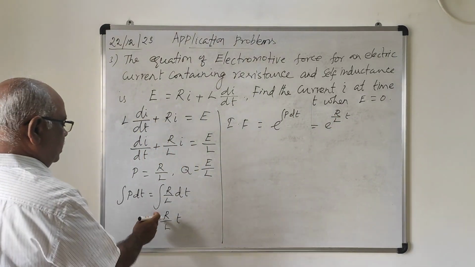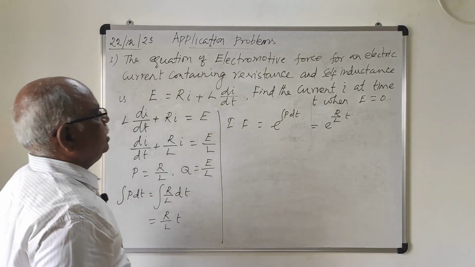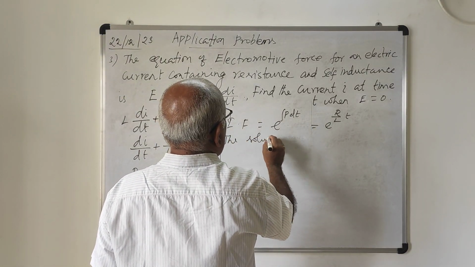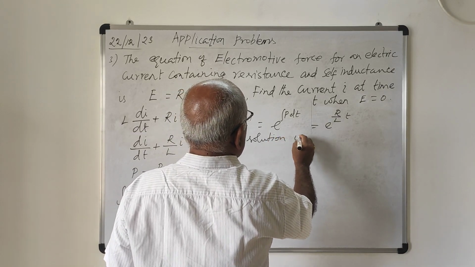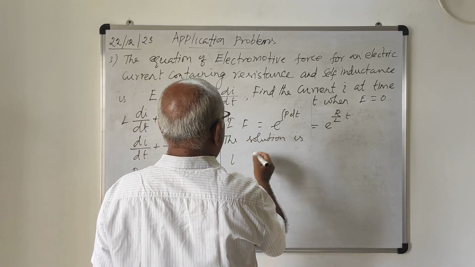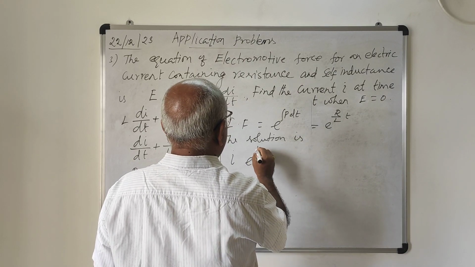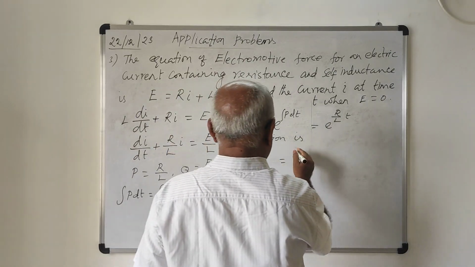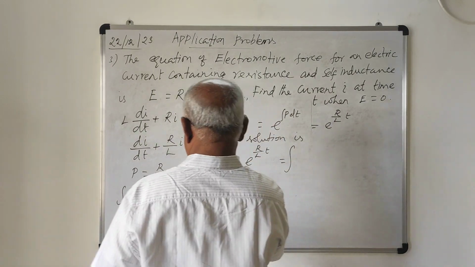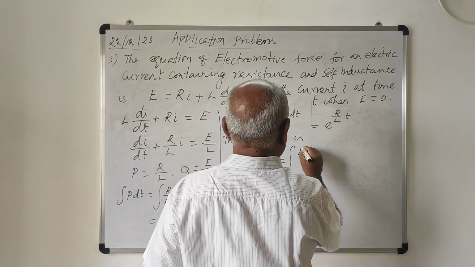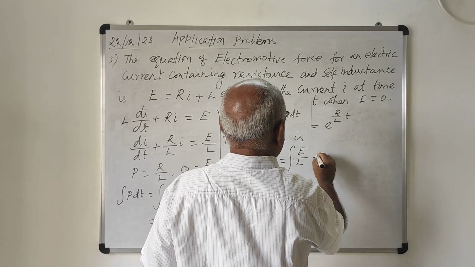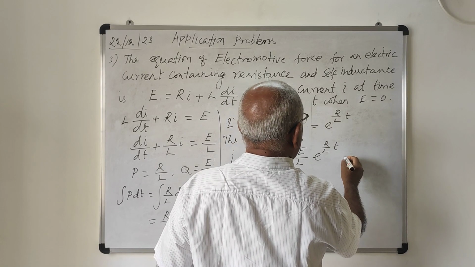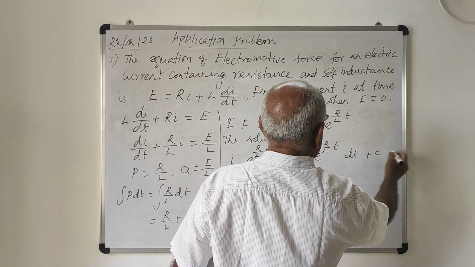This is the integrating factor. Therefore, the solution is I into the integrating factor e power R by L t equals the integral of Q times e power R by L t dt, plus the constant c.